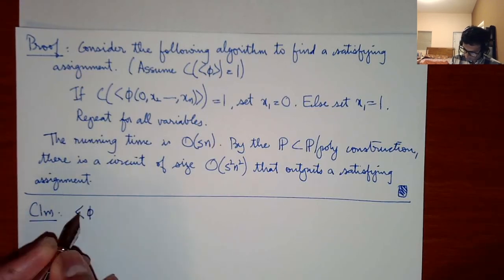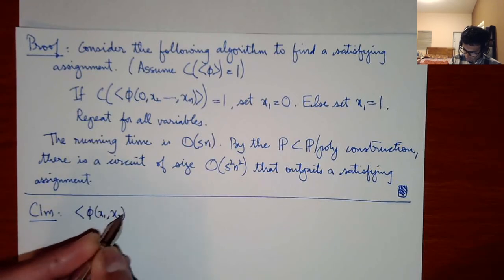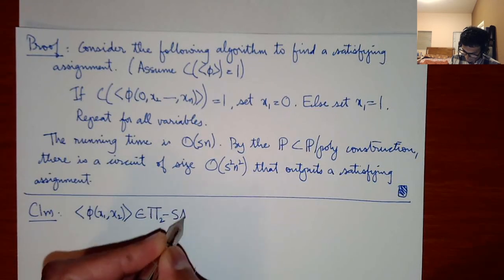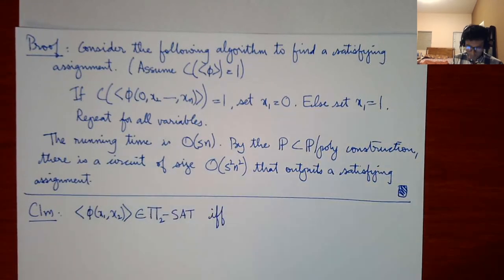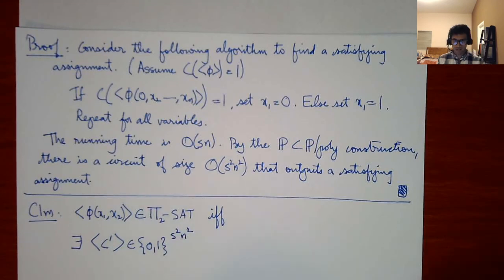I'll say the original phi, and remember this phi had x1, x2. This is in pi 2 sat if and only if the following holds: there exists some encoding of a circuit C prime whose size is O of S square N square.